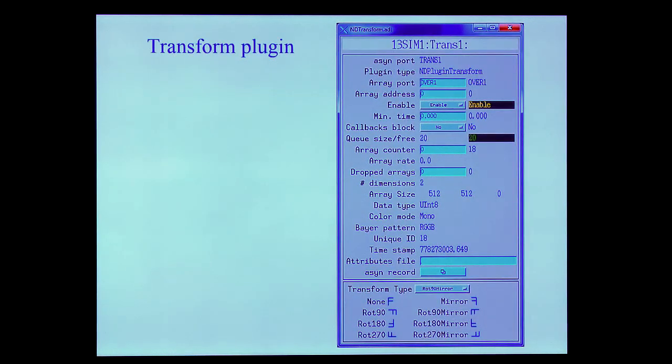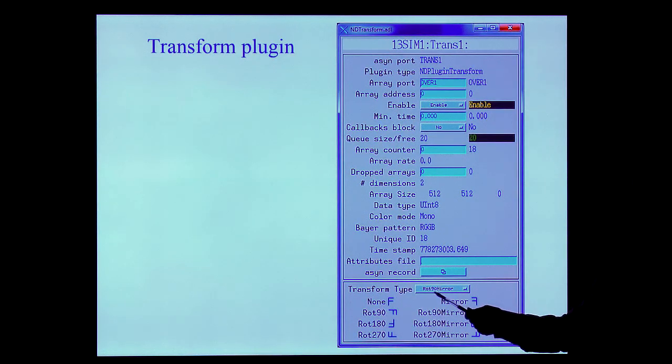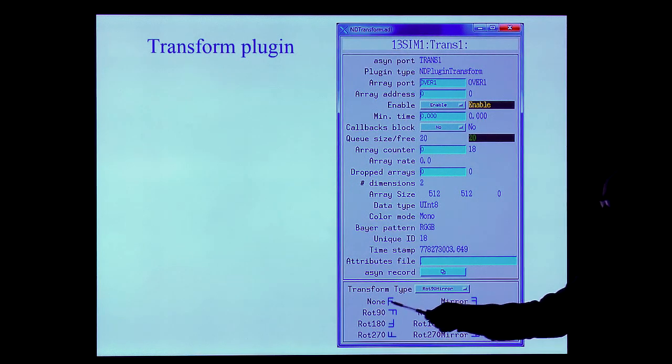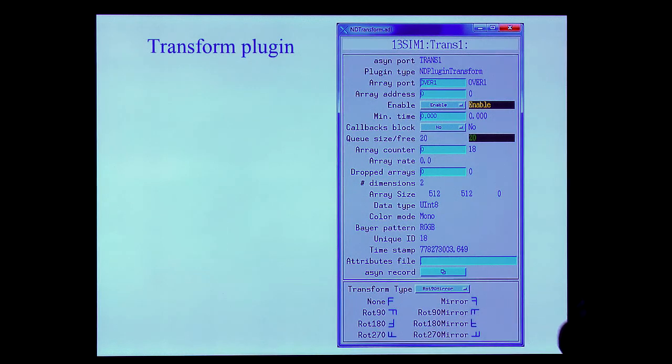This is the transform plugin that was asked about. It's a simple plugin that just does 8 operations that are geometric transformations, including the null operation where it doesn't do any transformation. It's just the 8 possible combinations of 90-degree rotations and a mirror symmetry.